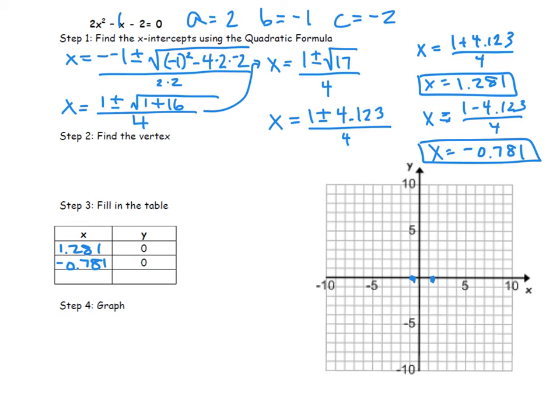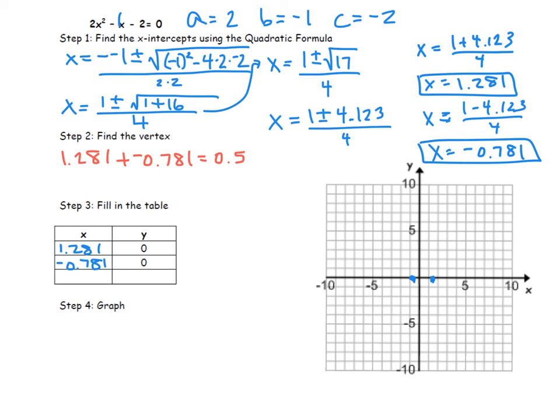All right, to find the vertex, go ahead and, if you'd like to pause the video and find that, and then check back to see that you did that appropriately. Okay, so you have to take the two x-intercepts and add them. And we get positive 0.5.